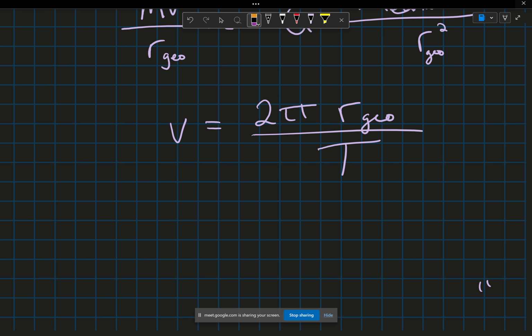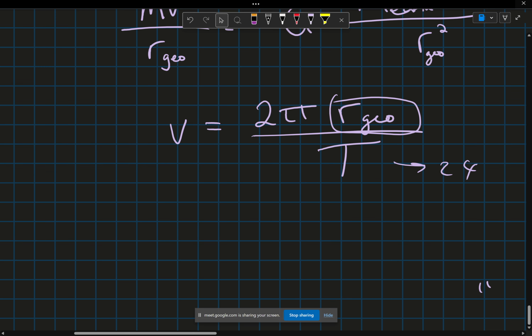The orbit will be approximately 35,786 kilometers above the Earth's surface if we make T 24 hours and then solve for r_geo. But we're not really here to solve for that distance. I'm just using these equations to help you figure out what we're talking about with geostationary satellites and the altitude.